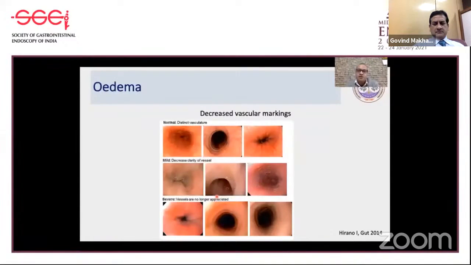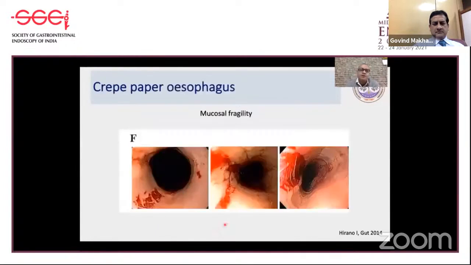Now, there could be esophageal edema, when the usual vascular pattern may not be as well visible or may disappear completely. And crepe paper esophagus, which suggests mucosal fragility with the passage of a scope, and this is not with dilatation, only with passage of the scope.